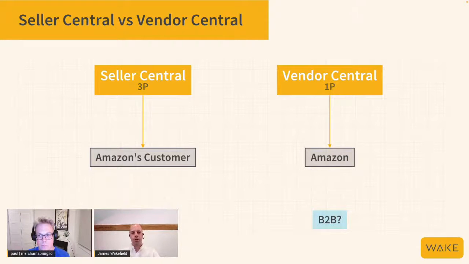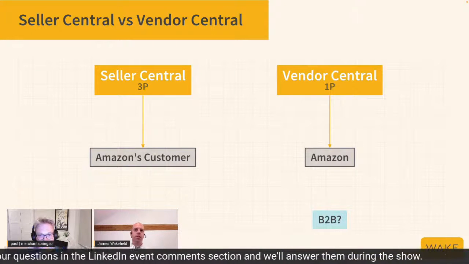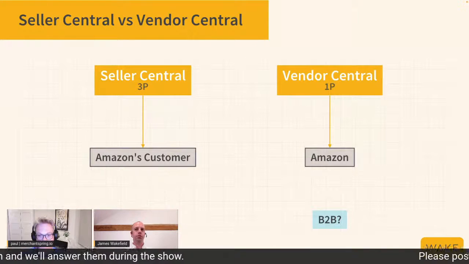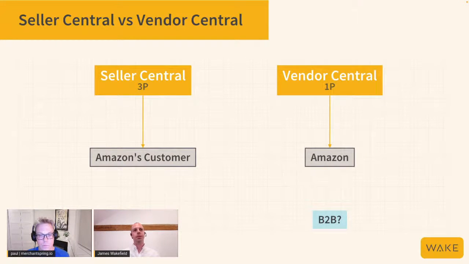And if you wanted to define each of these business models in a traditional sense, you'd potentially describe Seller Central as a D2C, direct to consumer model. The caveat being that these are Amazon's consumers, so direct to Amazon consumer. And you possibly look at Vendor Central as a B2B model.